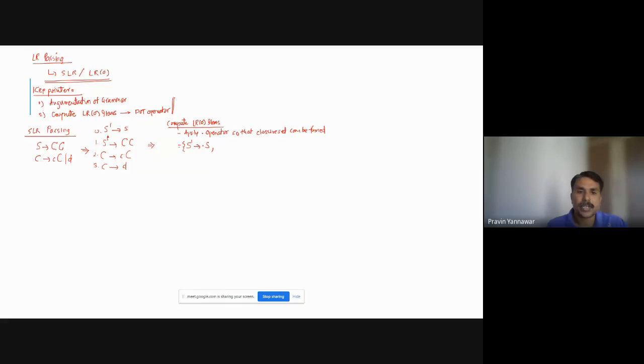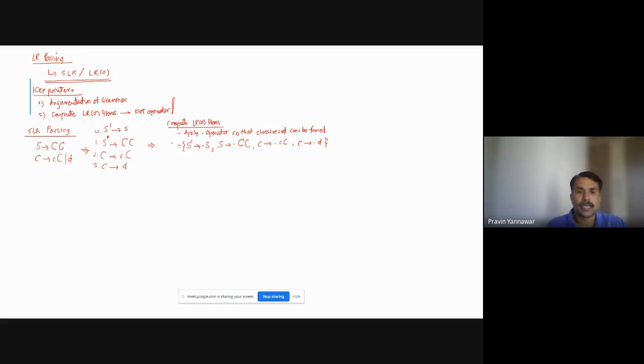Here we have only one production, so S implies dot C C. The dot is now applied over C, so we need to collect all the productions associated with C, which become C implies dot small c capital C and C implies dot D. Okay, so this is going to be my closure set.